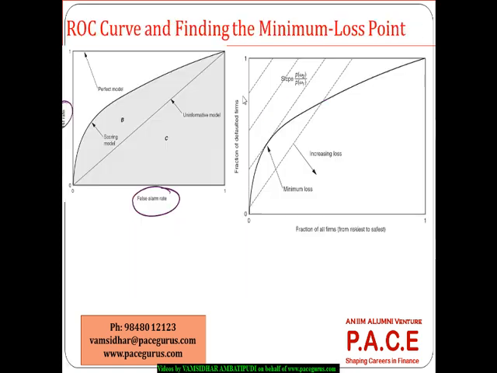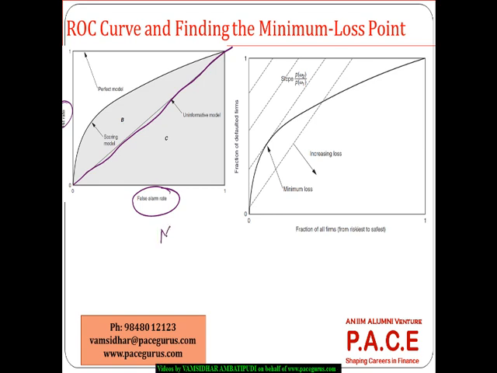Now look at the curve. Let's say the false alarms and hits more or less are uniform, which means there are a good number of wrong alarms and a good number of hits. The model is not that effective because I should have more hits.